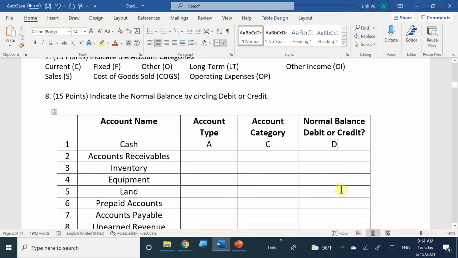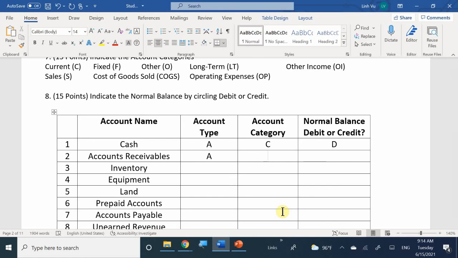Good. Okay. What about accounts receivable? We understand accounts receivable is when customers owe us money. Asset? It is definitely an asset because it's money that's kind of ours already, right? Now, what kind of asset is it? Long-term?